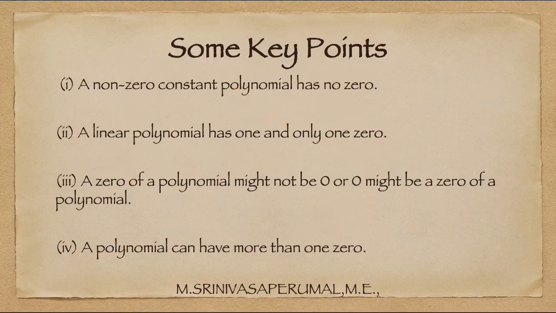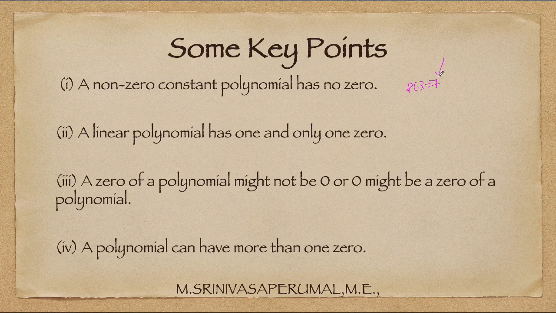Next, some important key points. Case 1: a non-zero constant polynomial has no zeros. For example, a polynomial like p of x is equal to 7 only.